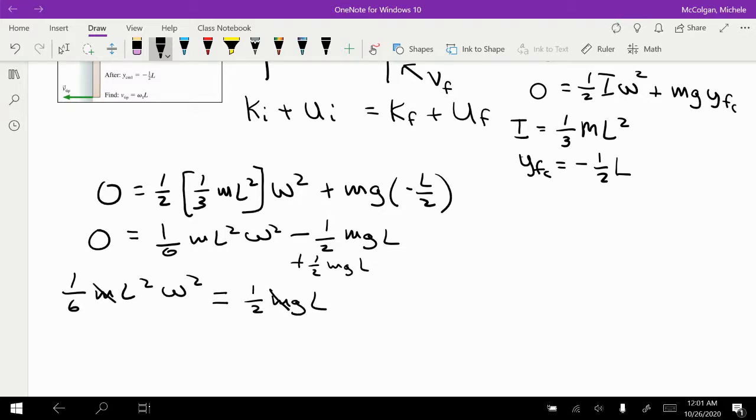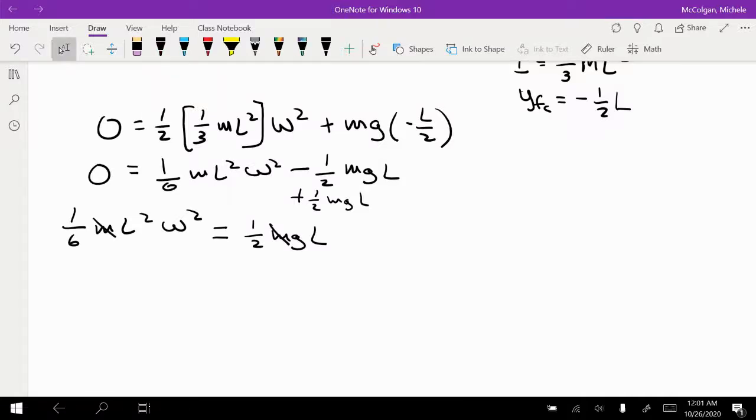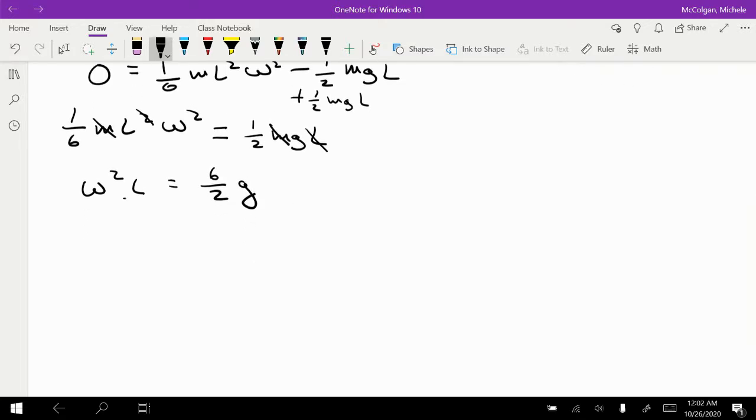My m's cancel. I'm looking for omega. One of the L's here cancels with one of the L's here. I can multiply through by 6, so I have omega squared L is equal to 6 over 2 times g. I can divide by L, so omega squared is equal to 6g over 2L.